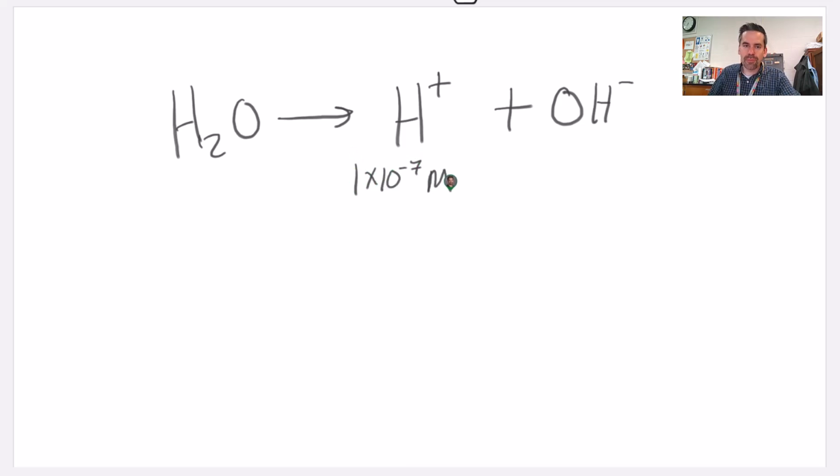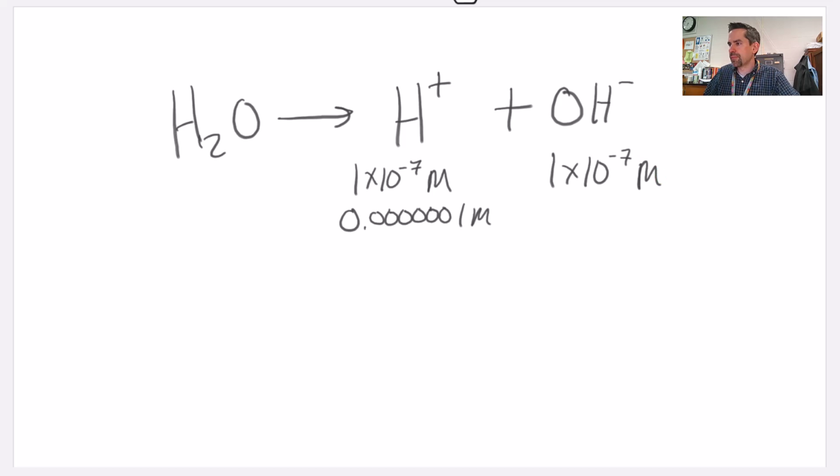That's very, very small. It's a very, very small portion of the water molecules that break apart into that. And of course, the concentration of the OH minus has to be exactly the same because it's a 1-to-1 ratio between all of these.